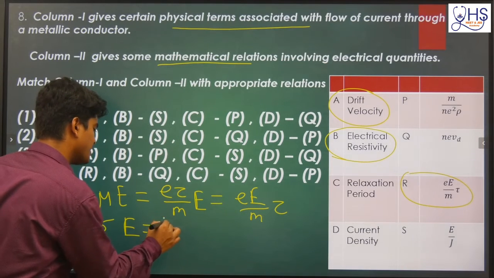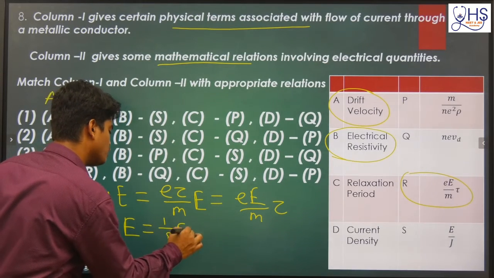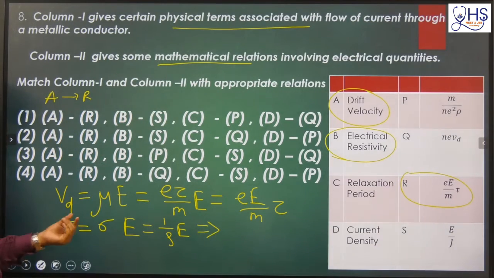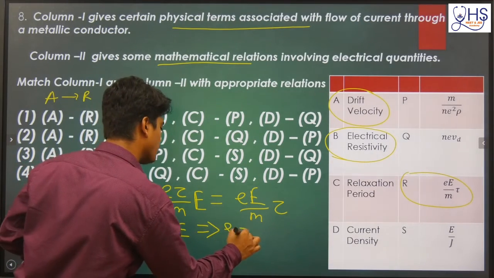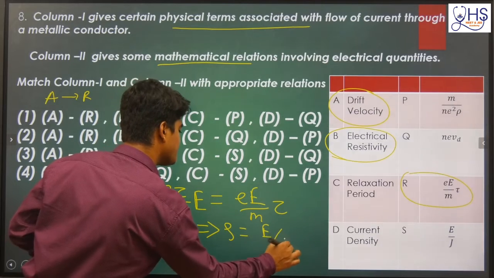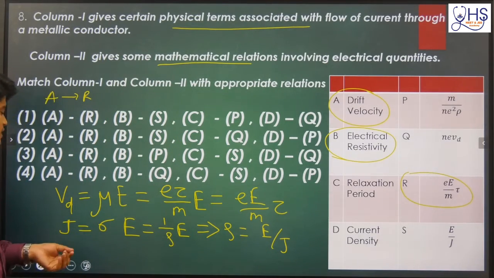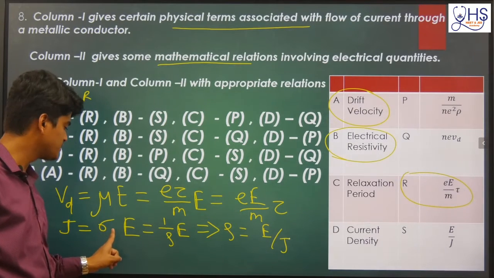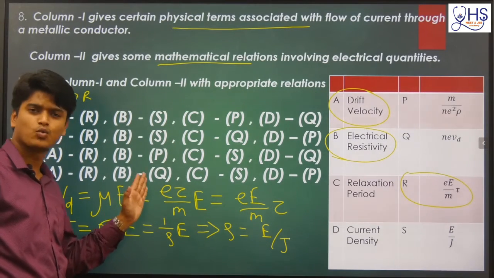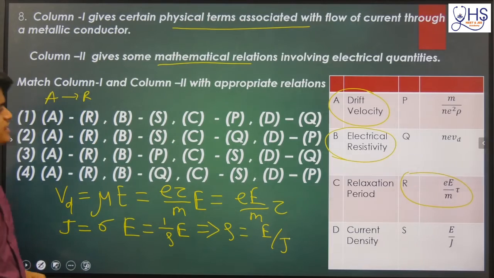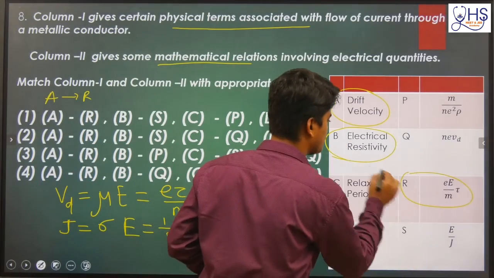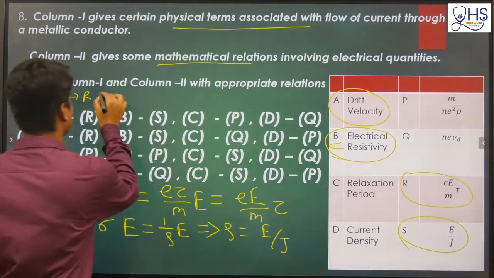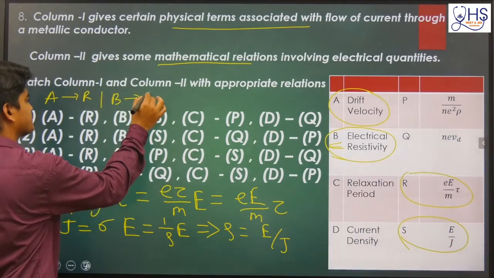Sigma can be written as 1 by rho, so I can write rho equal to E by J. Conductivity is nothing but 1 by resistivity. So electrical resistivity will definitely match with S. So I can write here B is matching with S.